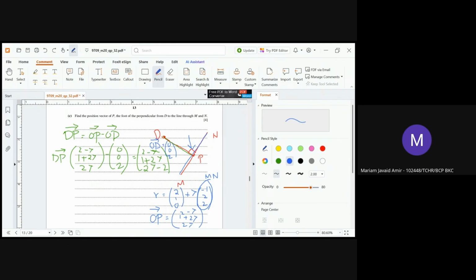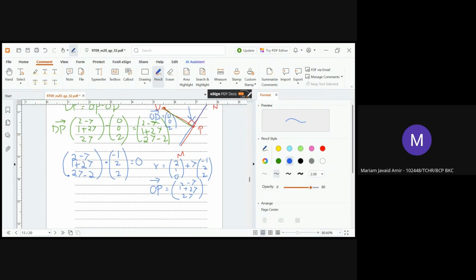This is called the direction vector, a vector parallel to the line MN. So we're going to find the dot product of DP and this direction vector and equate it to 0. And from that, we're going to find lambda. So the dot product of DP, which is this, and the direction vector of MN, which is minus 1, 2, and 2, equated to 0.